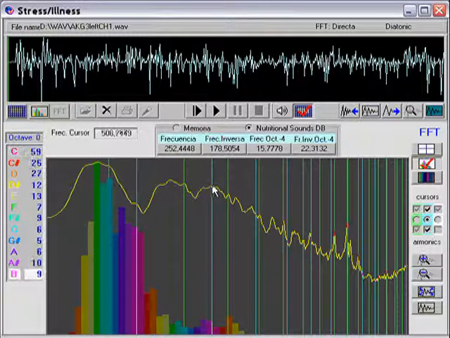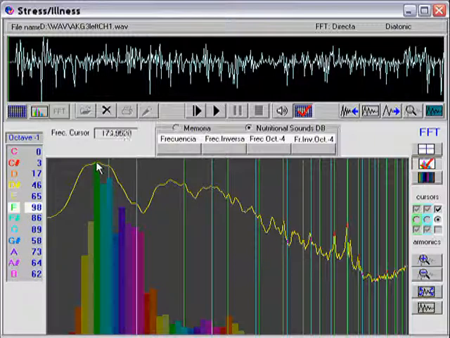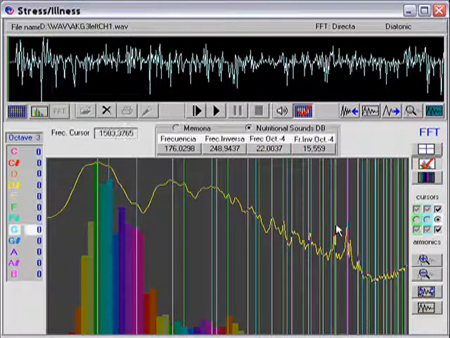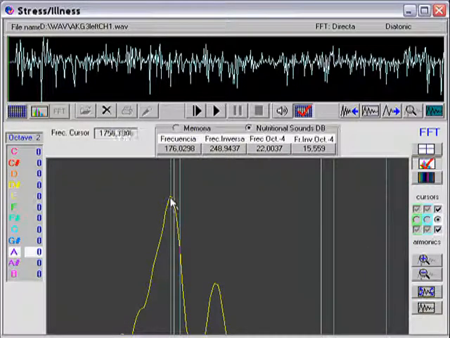This one is taking this harmonic instead, and it does coincide with that too. So this peak in reality, if we put the three cursors in, all of them coincide here in a certain way to make this peak higher, even though the one that is the highest there is the first one.